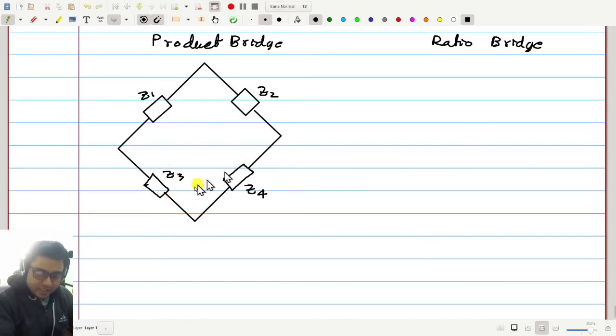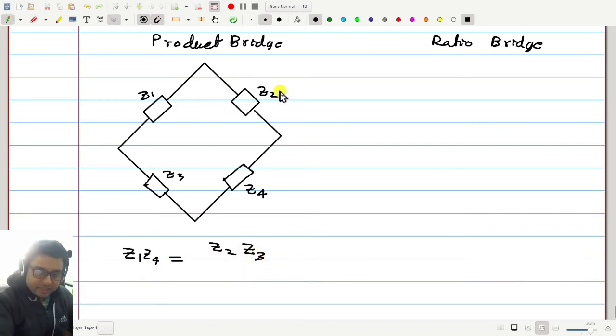Now here we wrote Z1 by Z3 equal to Z2 by Z4, which you can also write as Z1 Z4 equal to, just cross multiply, Z2 Z3.